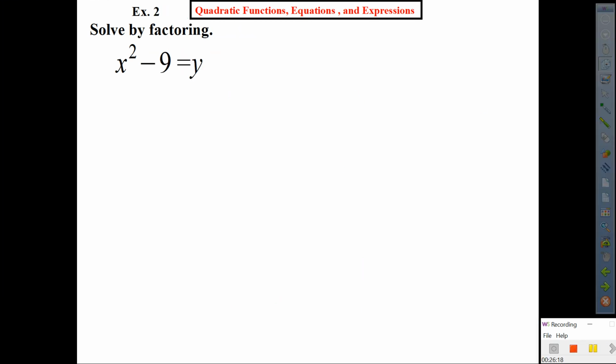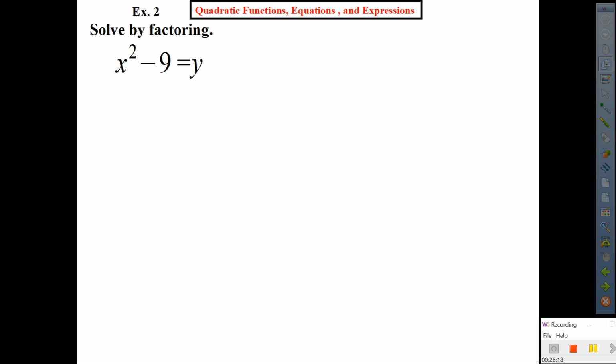Copy this one. Example number 2. x squared minus 9 equals y. Just copy it, and let me walk you through the process one more time. Once again, it says solve by factoring. No more square roots, and now we're going to focus on factoring.